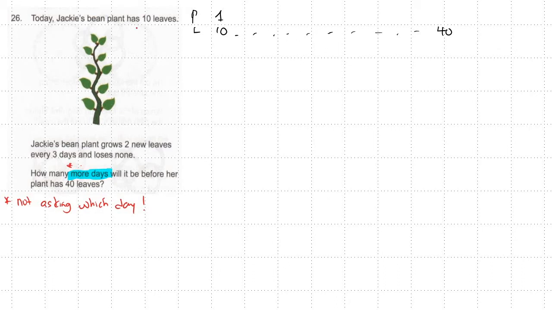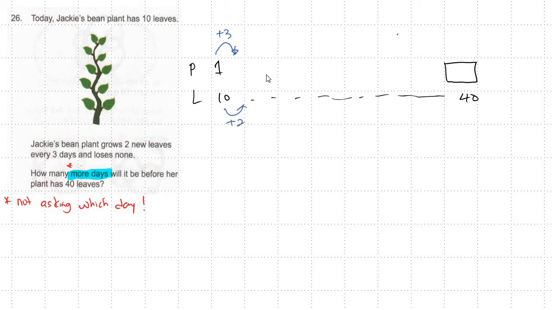So it says for every 3 days. So here I know it's... give me a minute, I pause, I put down the figure. Okay, for this you know that every 3 days, every time you jump at 3. And every jump you add 2, because there is an increase of 2 leaves.